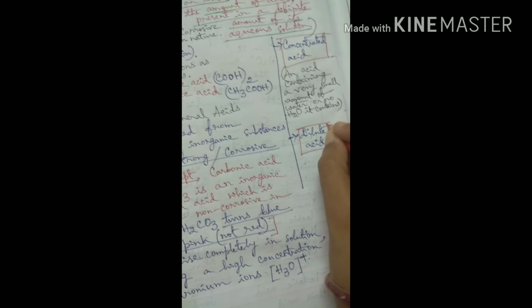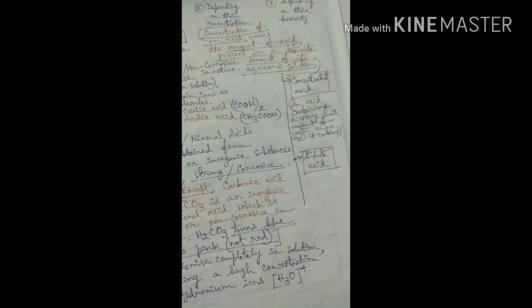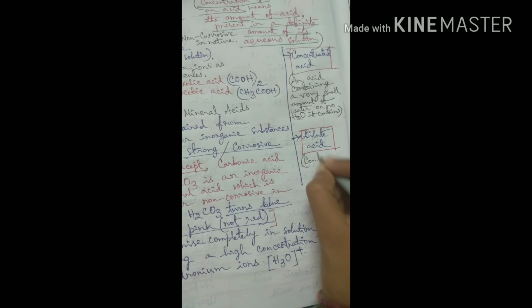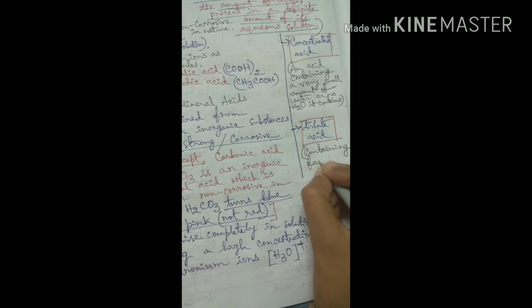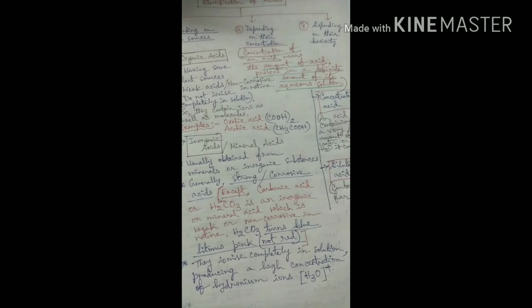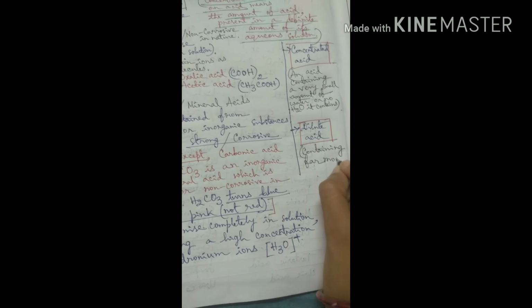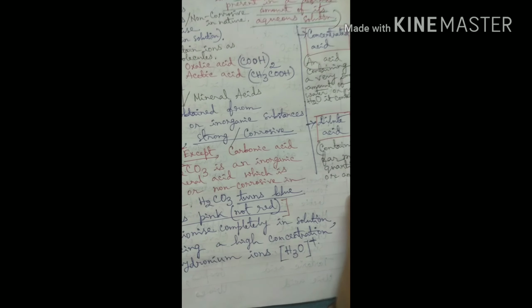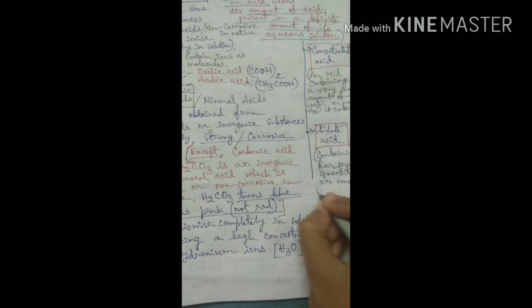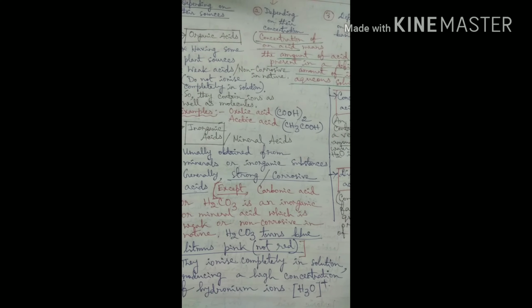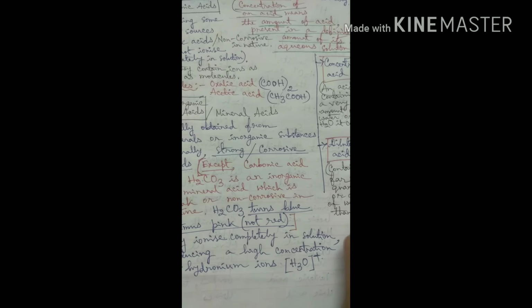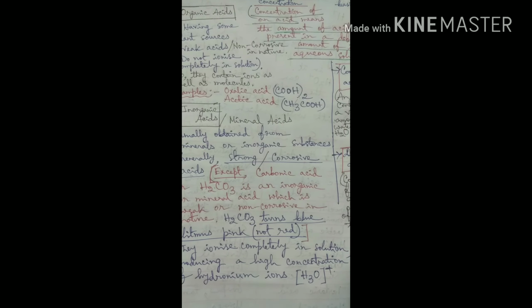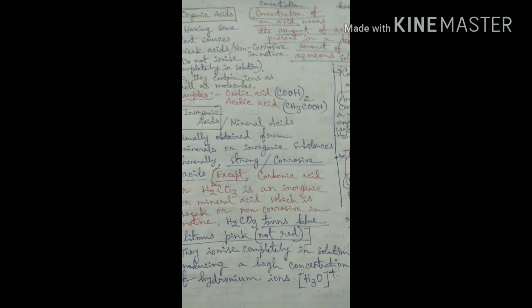Whereas dilute acid is an acid containing far more water than its own mass. Okay.